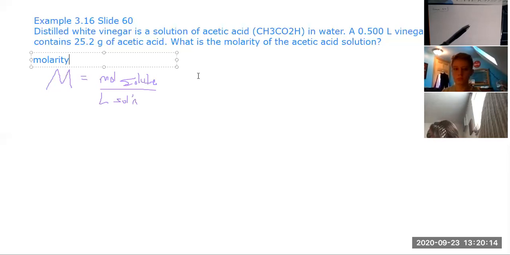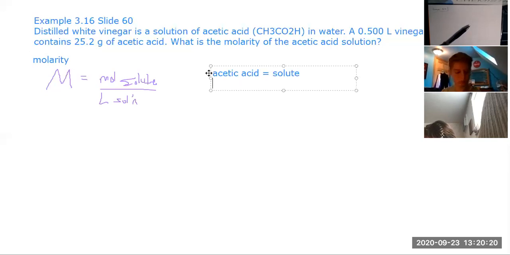And in this situation, the acetic acid is the solute, and it already tells us that the entire thing is called the vinegar solution. So to solve for the molarity here, we need moles of acetic acid over liters of solution.